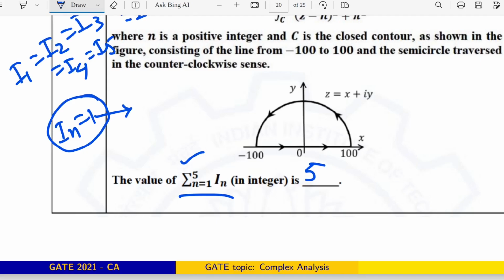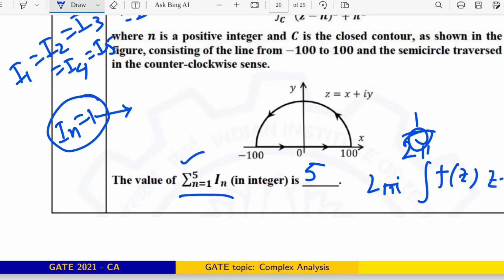In the counterclockwise sense only can we write 2 pi i times the integration of f(z) over (z minus z0) dz.